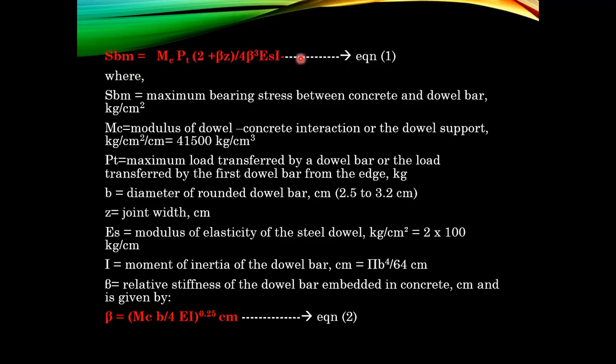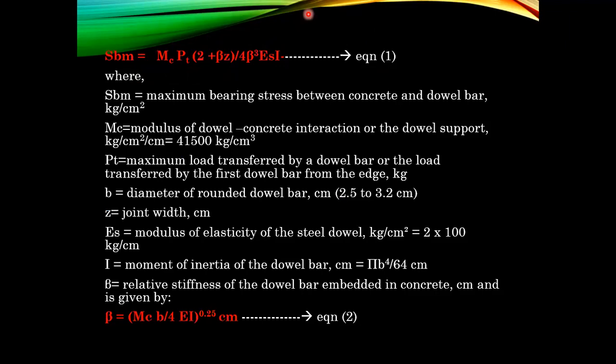Your formula will be like this, that is SBM is equal to MC PT into (2 plus beta Z) divided by 4 beta cube EI. Remember, you will feel it is a little difficult, but if you just substitute in this formula, you will get the answer.